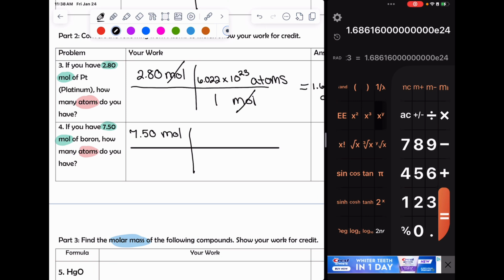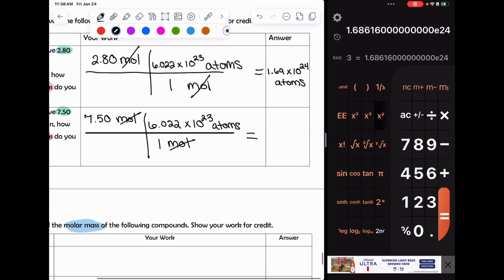Anytime you see the word atoms, you should think Avogadro's number. So because I have moles on top, I know I need at least 1 mole on the bottom to convert to 6.022 times 10 to the power of 23 atoms. Setting up our table this way, moles will end up canceling and our answer will be in atoms.